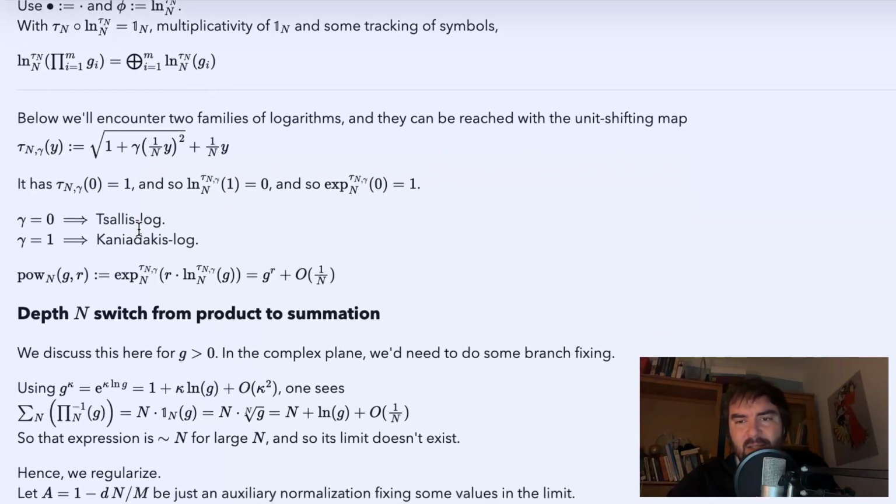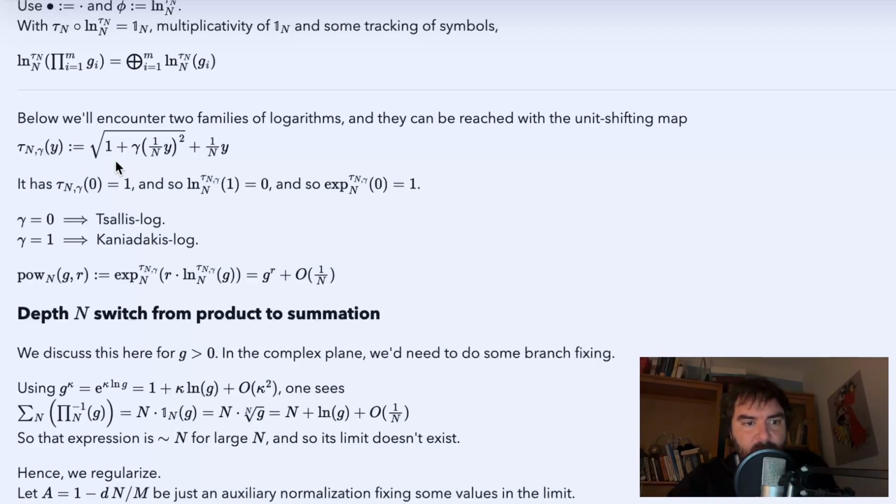Okay, and here's again a sort of spoiler. We have already seen that taking tau of 1 plus y over n gives the exponential function in the limit. And here is another deformation of this. Beyond what I just said, I introduce a gamma parameter, which we can play with. And of course, for gamma equals 0, this is just the example that I just talked about. For gamma equals 1, there's a square root, and it might look ugly, but it actually has some nice property.